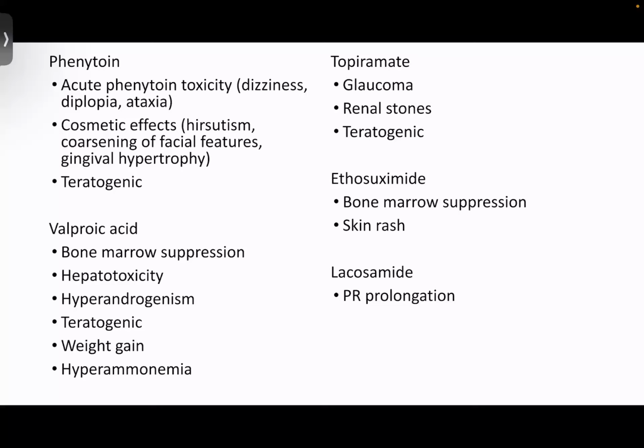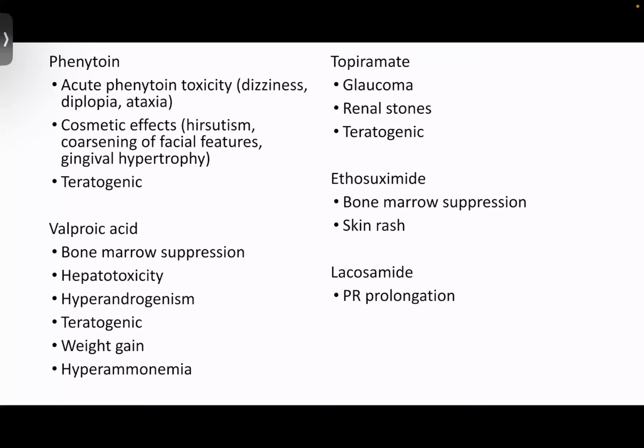Hyperandrogenism is another side effect of valproic acid, and this is very important because in women, though generalized tonic-clonic seizures are common, we have to avoid valproic acid in them because of these side effects, teratogenicity and hyperandrogenism. Weight gain and hyperammonemia are other side effects.